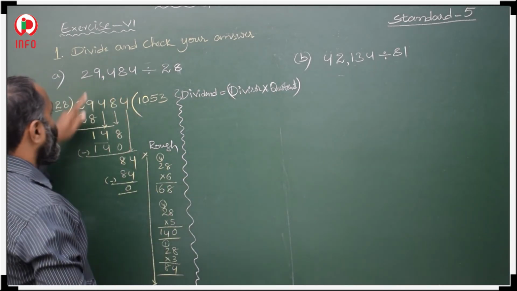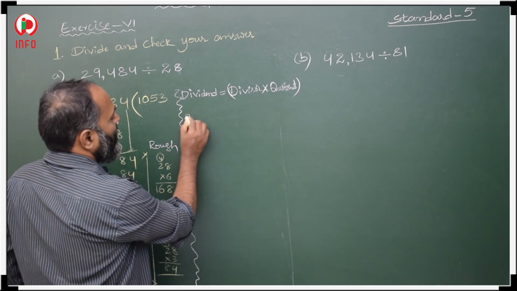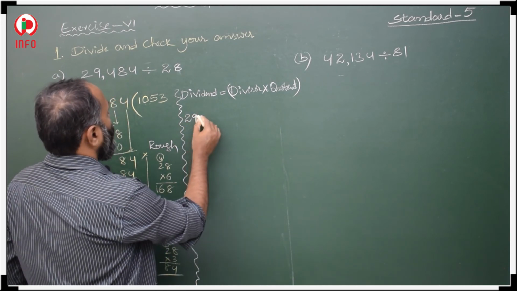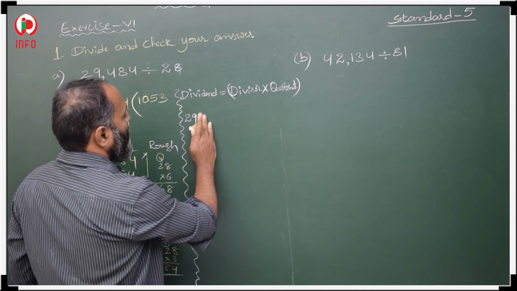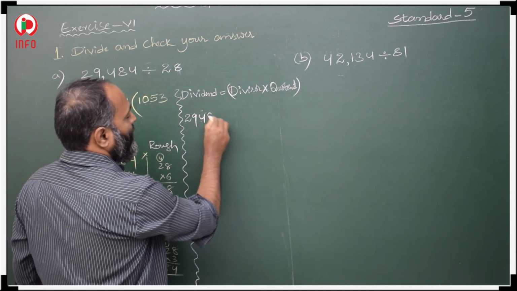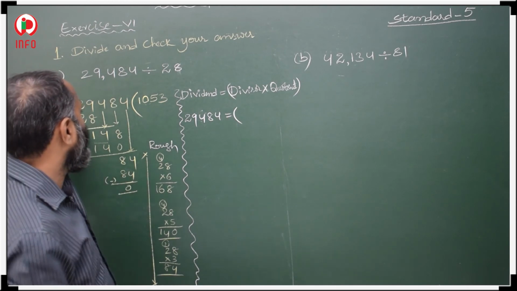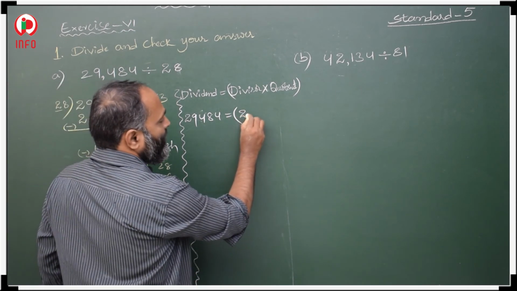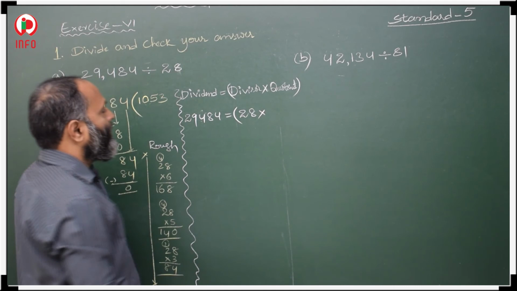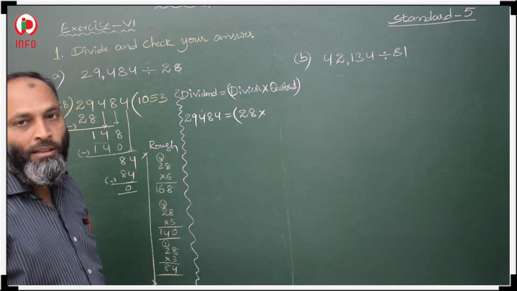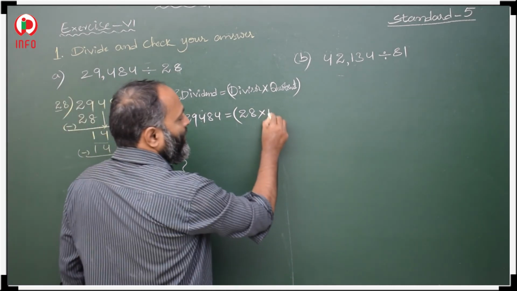Now here what is the dividend? 29,484 is equal to. Now what is the divisor here? 28. And what is the quotient here? 1053.